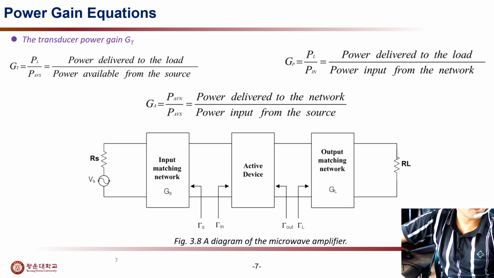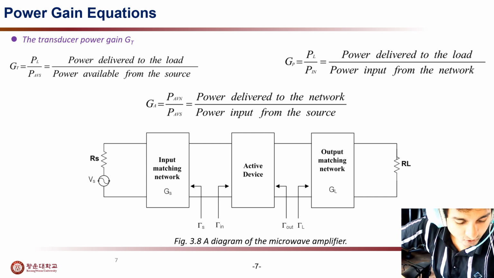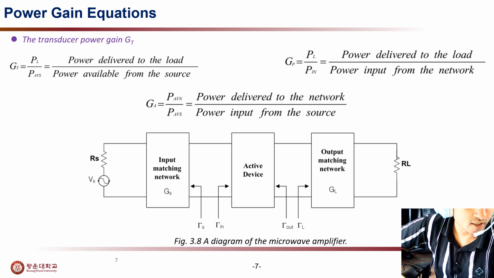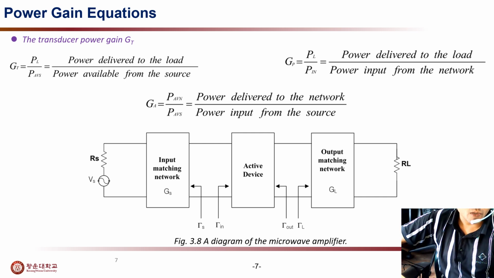That means GT is the ratio of PL by PAVS. GP is another gain, also called the operating power gain. It is the ratio of the power delivered to the load and the power input to the network.